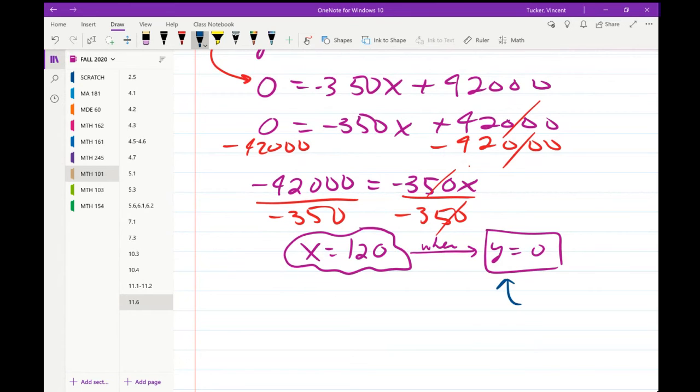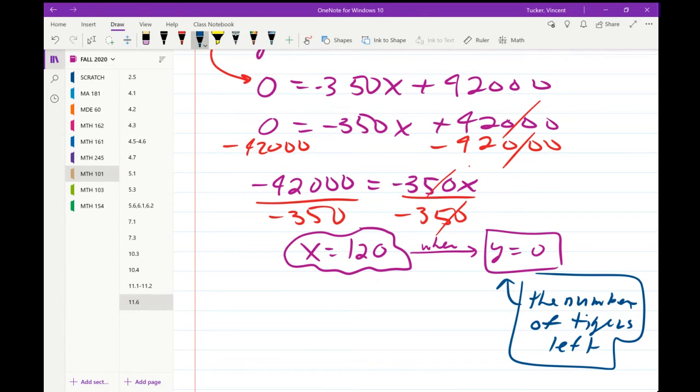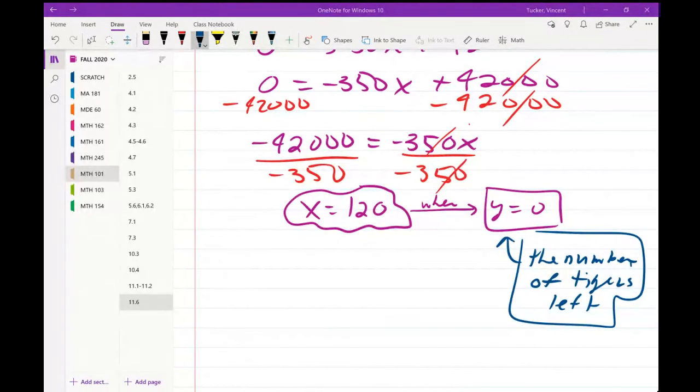So y represents the number of tigers left in India. Okay, hold up.